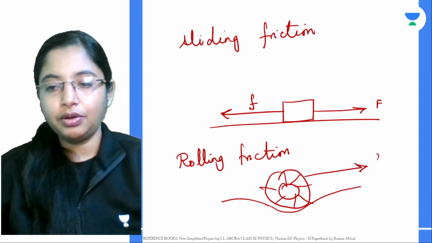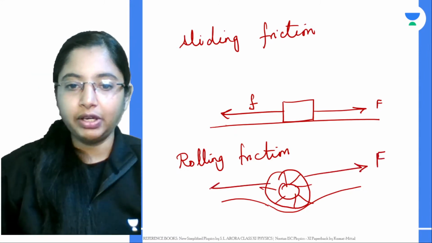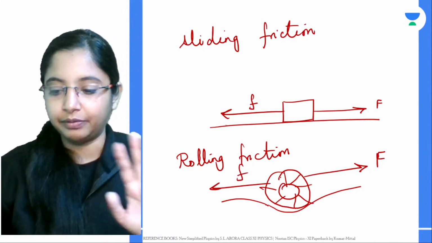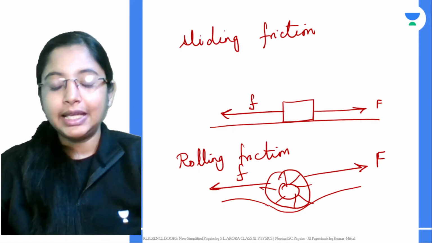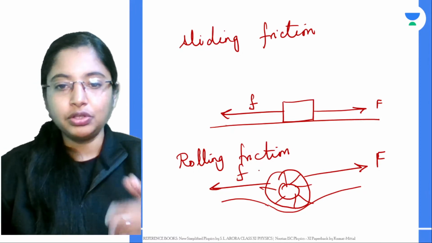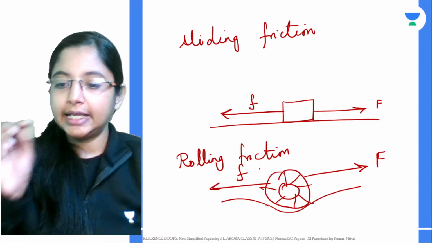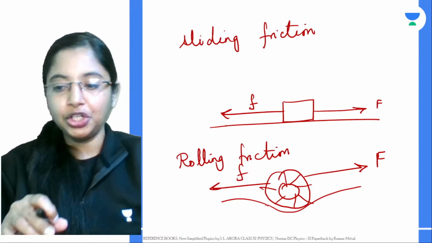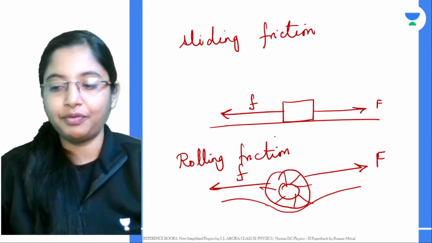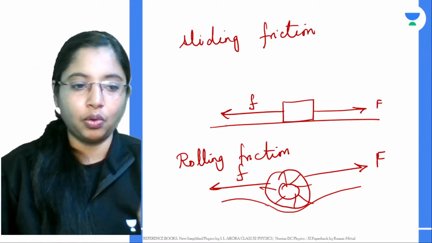If you apply force in this direction, there will be a friction acting in the opposite direction. This force comes into picture because of one object that rolls over the surface of another object. That is called your rolling friction.